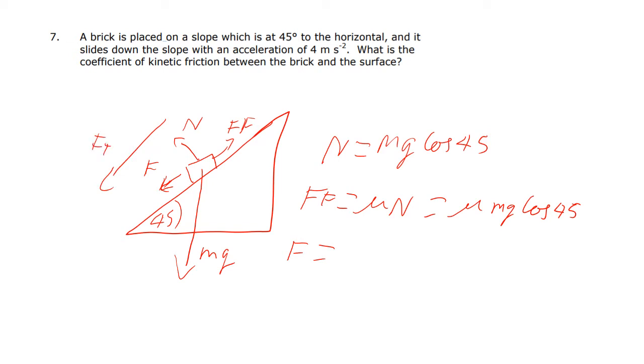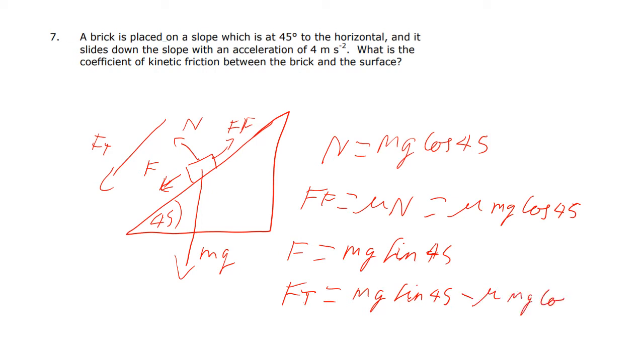So F is equal to mg sine 45, but our total force Ft is equal to the difference between the force and the frictional force: mg sine 45 minus mu mg cos 45. We can also say that Ft is equal to ma.